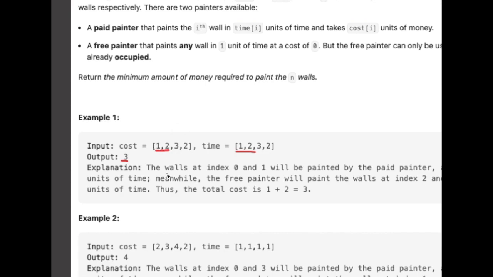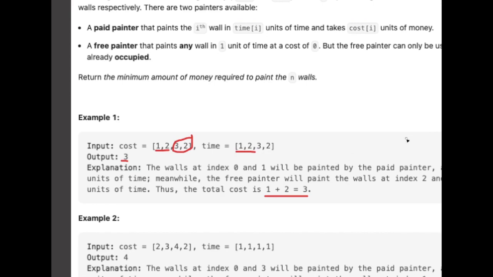We pay the paid painter $3, and for the remaining walls, we just use the free painter to paint them. So that's the lowest cost that we can spend.